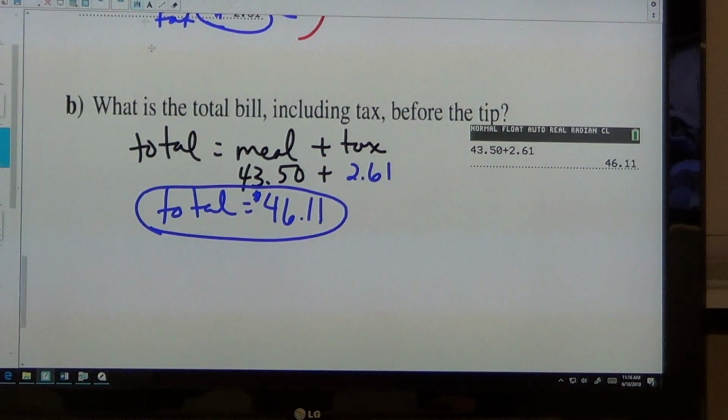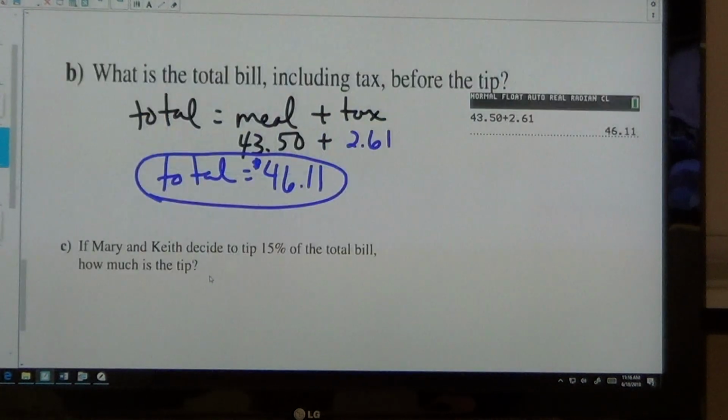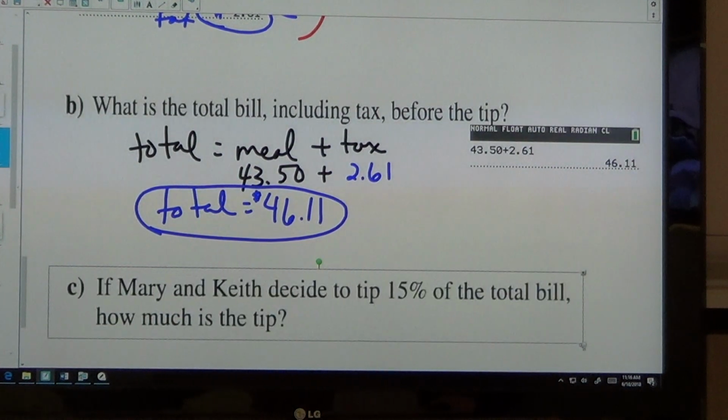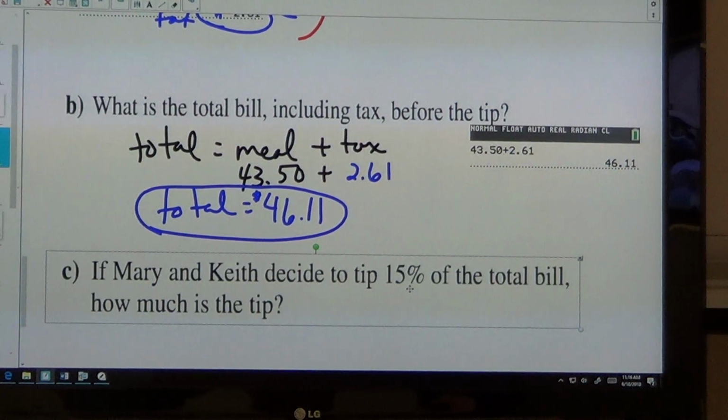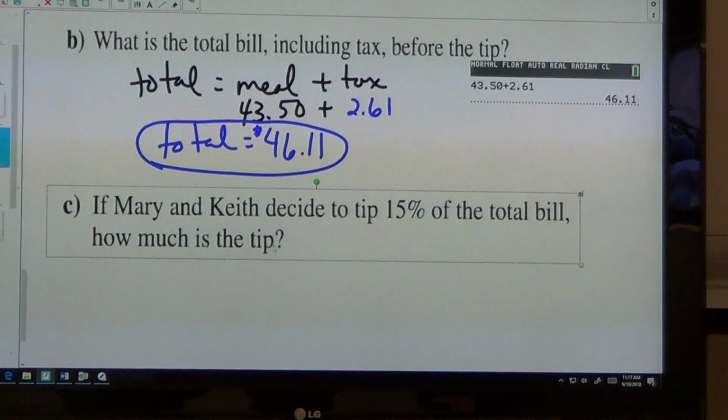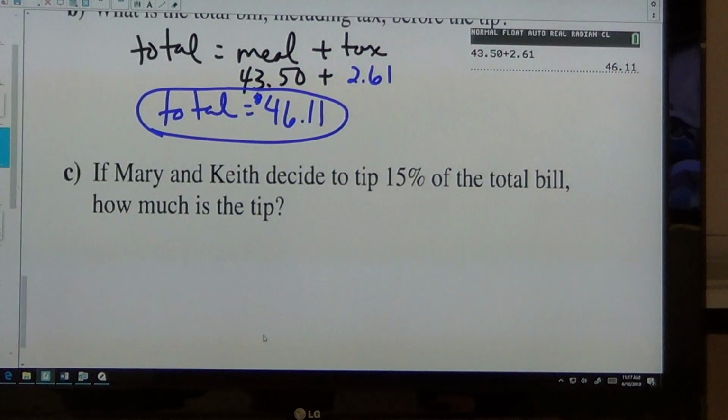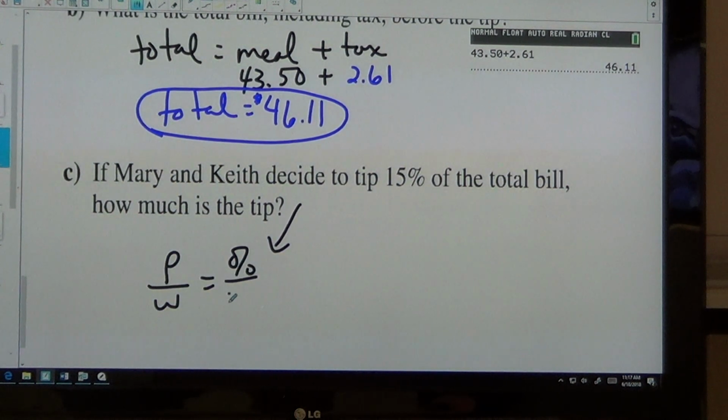Now, question C says, what if I decide to leave a 15% tip? So I am leaving a 15% tip of this $46.11. I can either do this as a part over whole, or I can do this as a shortcut.